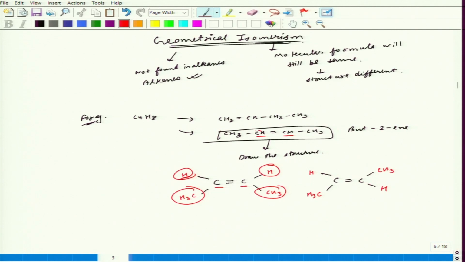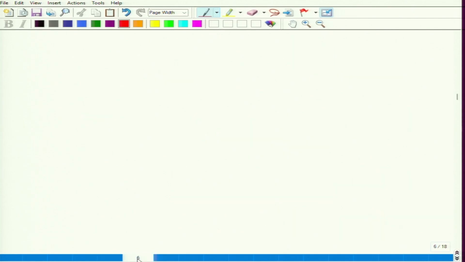Okay, these structures. Now, the question is, are these two structures the same or different? Let us try to solve this question.